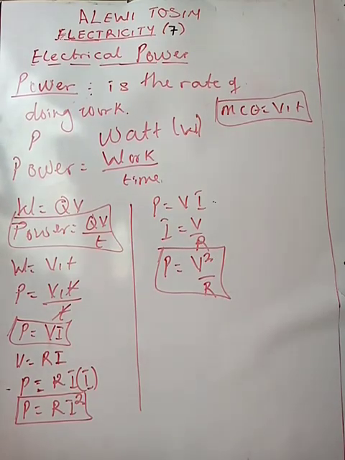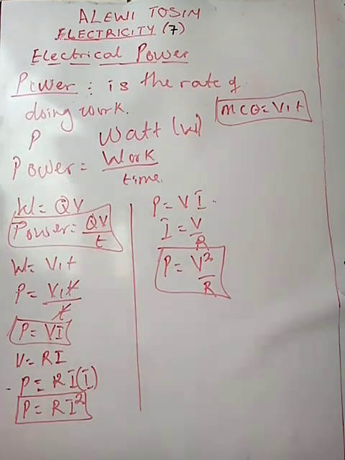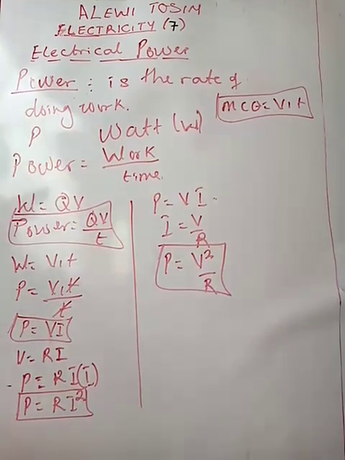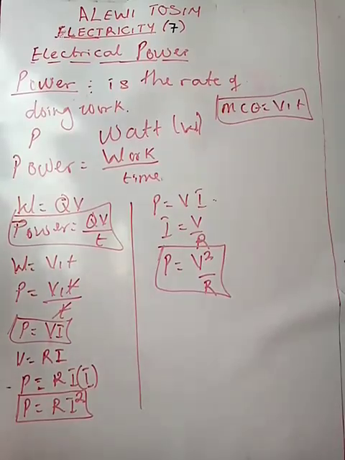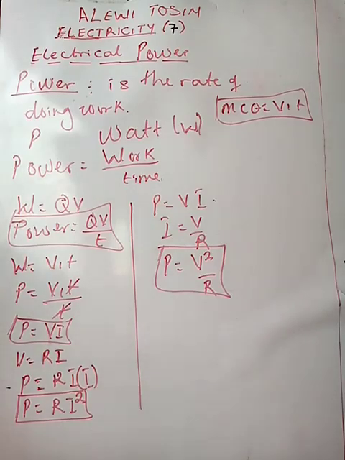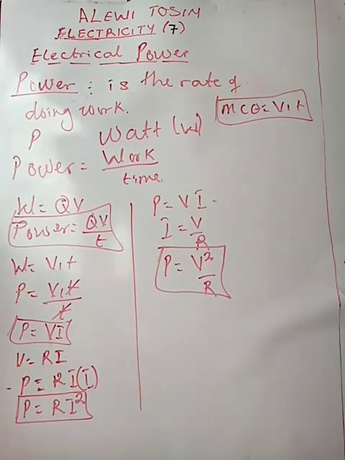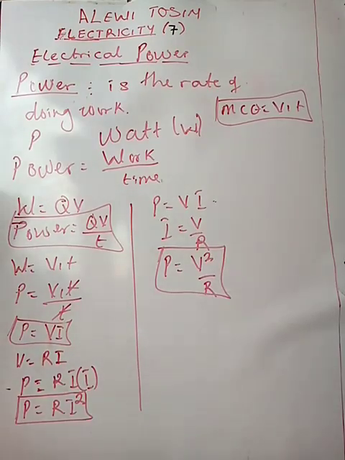It converts electrical energy to sound energy. So we're able to mention four different forms of energy that it can be converted to: sound energy, heat energy, mechanical energy, and also light energy.